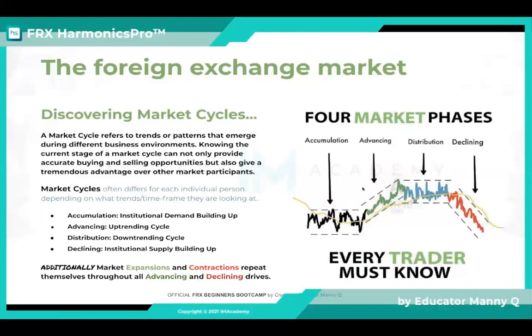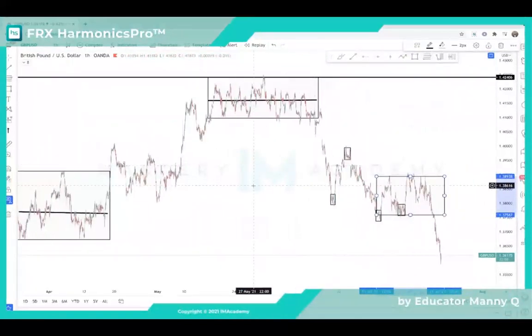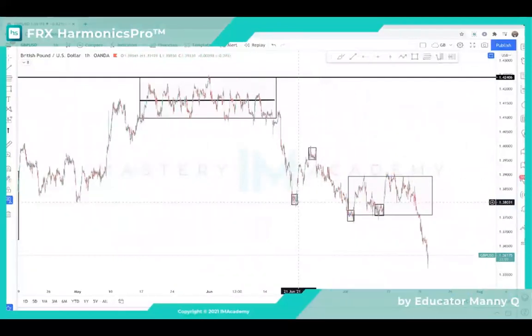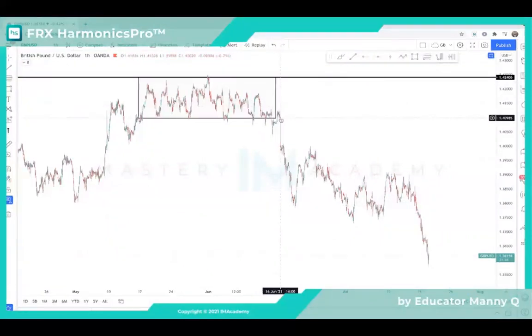All right, so let me come over here to the market and identify what I'm talking about. So if we look over here, we can actually just use this entire area, and then we can even dive down into smaller areas over here. Let me just get rid of this stuff. All righty. Now we take a look over here. We understand the market phases. I want you guys to also understand this.